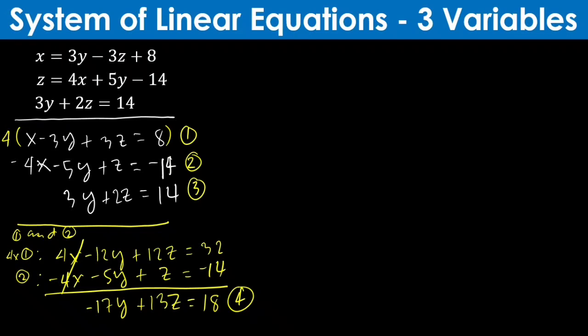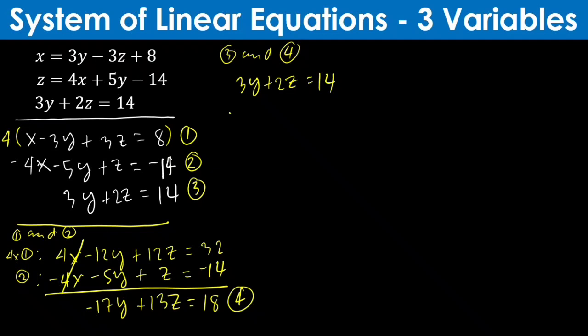So we put the two equations together, equation 3 and equation 4, because they're now reduced into 2 variables, y and z. Equation 3 is 3y plus 2z equals 14.